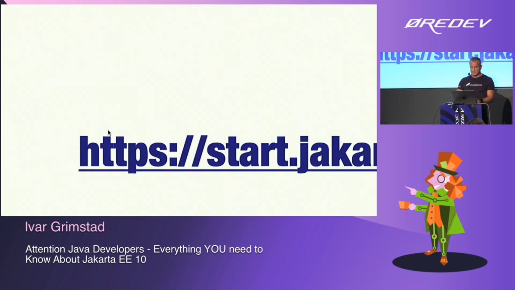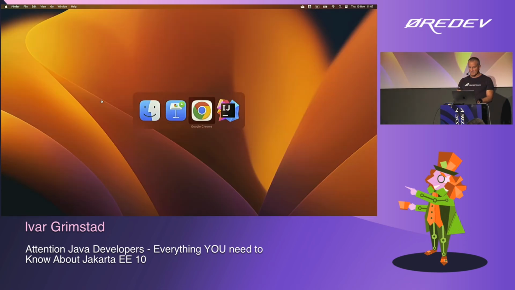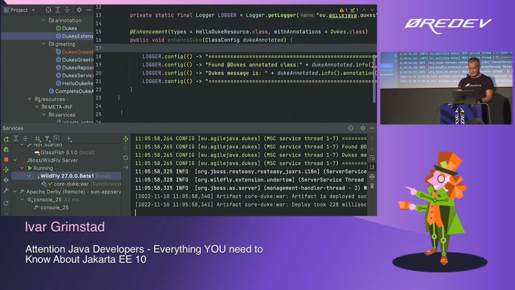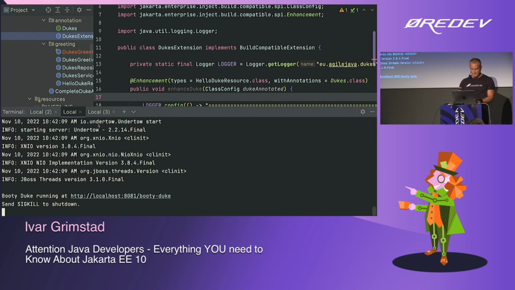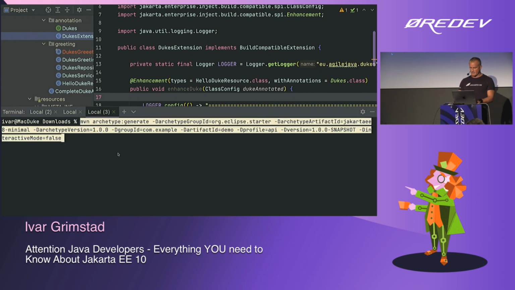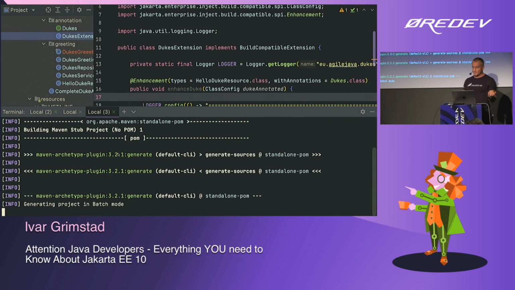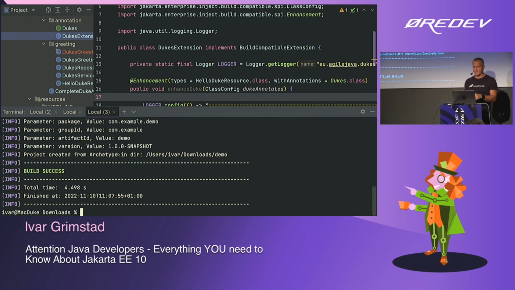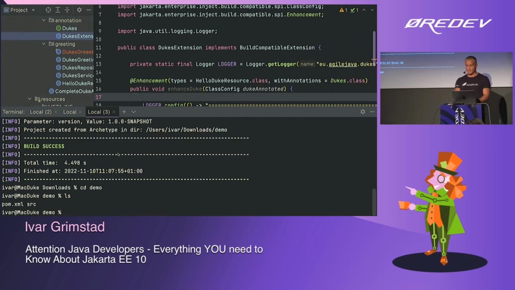So let me just zoom back here, and then go in here, and let me see, where is my terminal? There we go. I'll paste the archetype generation here, and just generate the project for me. And of course, you can change the parameters and stuff. It creates a demo project for me.